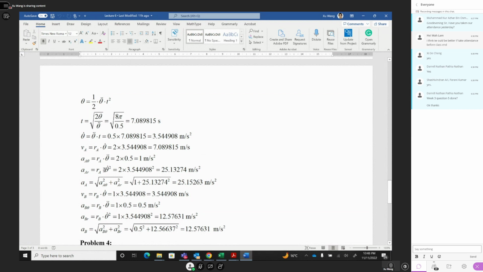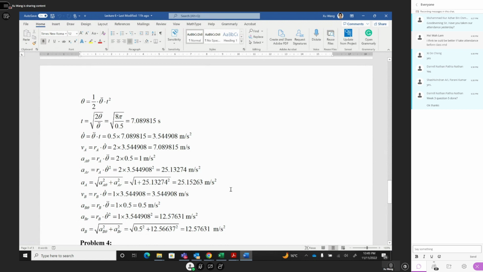Okay, and we also get the centripetal acceleration equals R omega square. R is 2, multiplied by omega 3.5 squared, and multiply together you get AR, the radial component of acceleration, and this is the tangential component. So you get the total acceleration equal to the square root of this square plus this square, equal to 25.125.